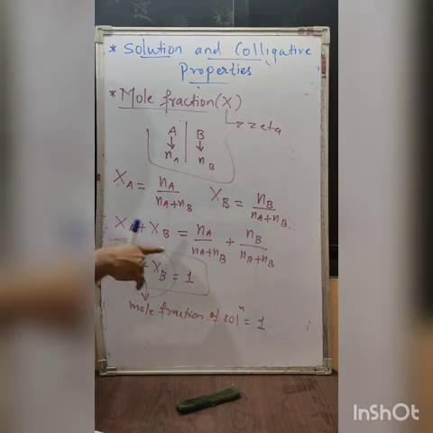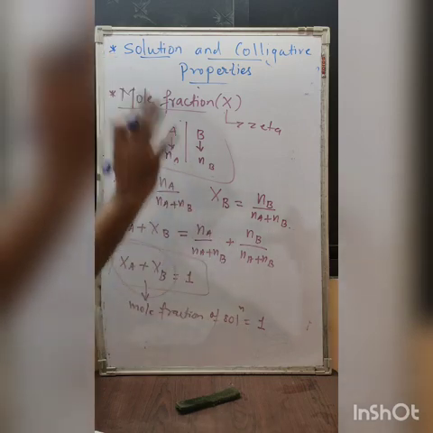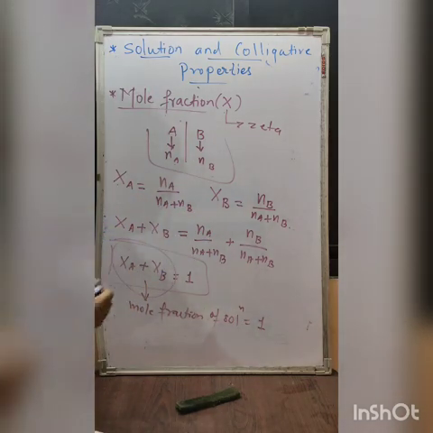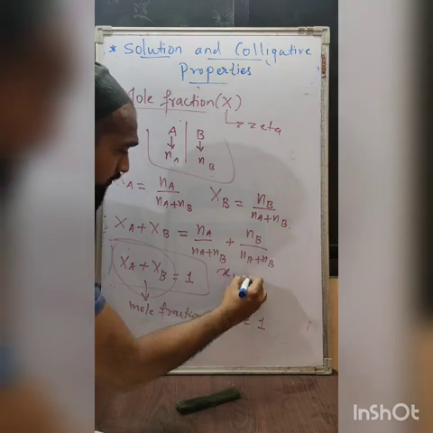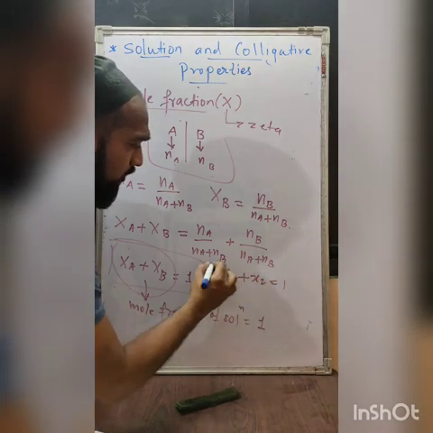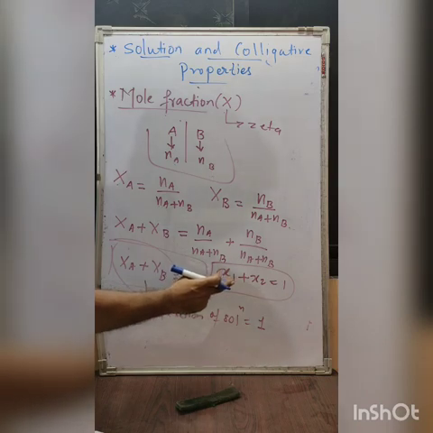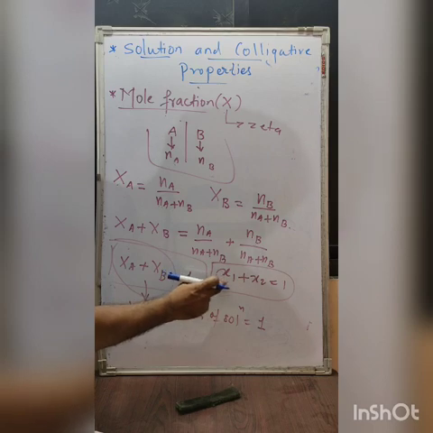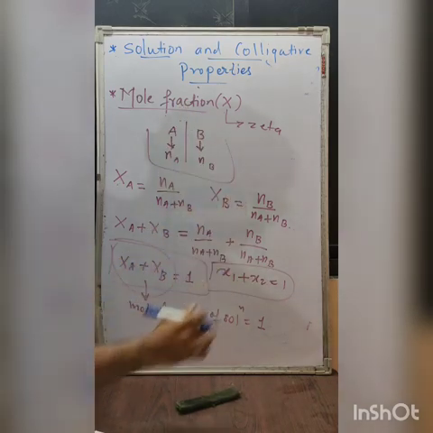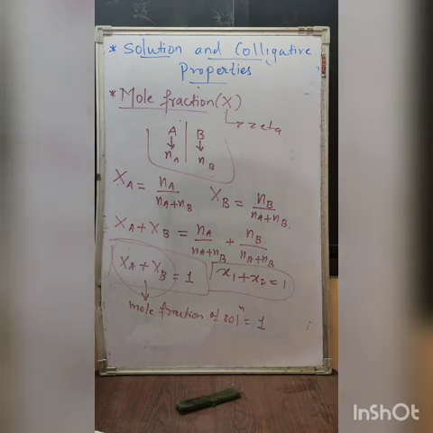Just remember, the mole fraction of solution is always equal to 1. While solving the derivation on colligative property, we will use x1 plus x2 is equal to 1. One and the same. I told you already, 1 will be the solvent and 2 will be the solute. So mole fraction of solvent and mole fraction of solute is always equal to 1. So we have completed the concentration terms, which include molarity, molality and mole fraction.